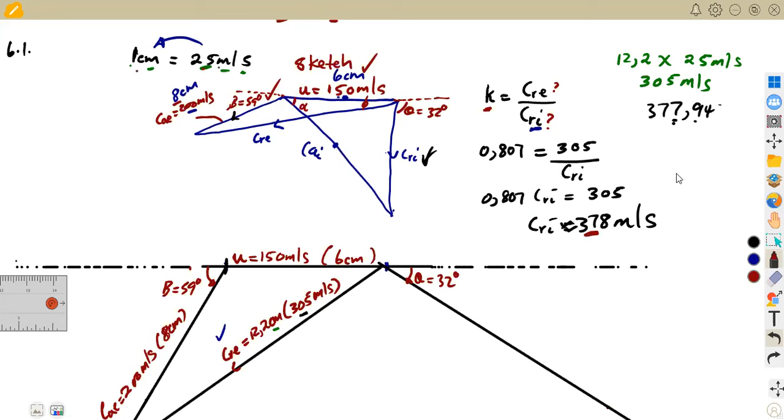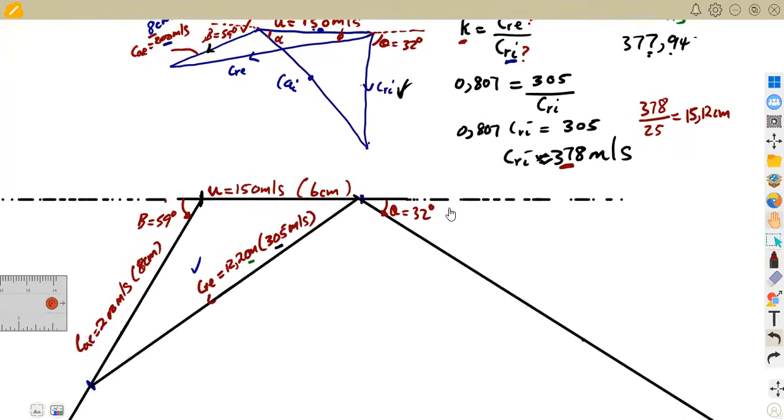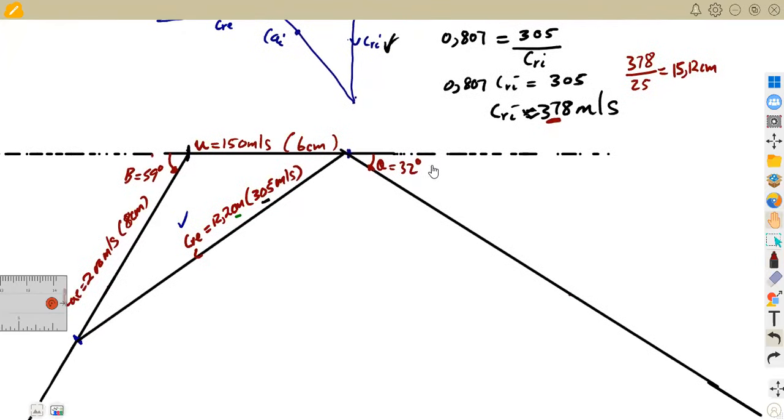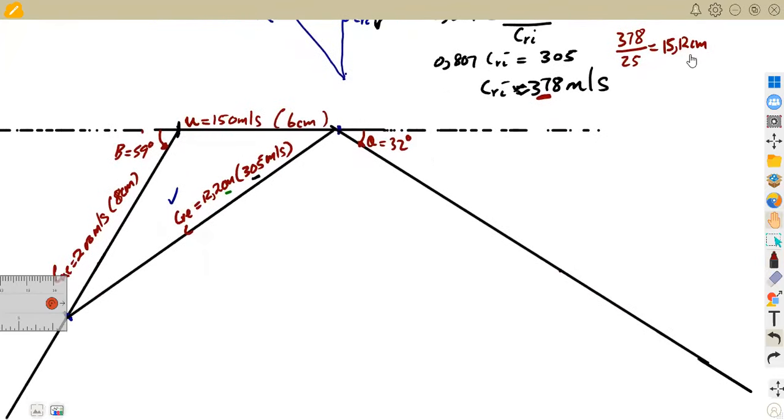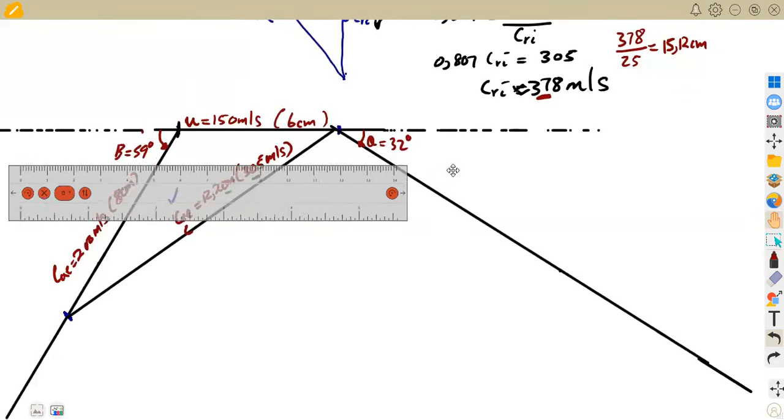So in terms of the centimeters, we are going to divide 378 by 25 meters per second. So if we divide, we are going to obtain 15.12. So this will be 15.12 centimeters. So we now have two things, the velocity and also the corresponding centimeters in this case, which is the length.